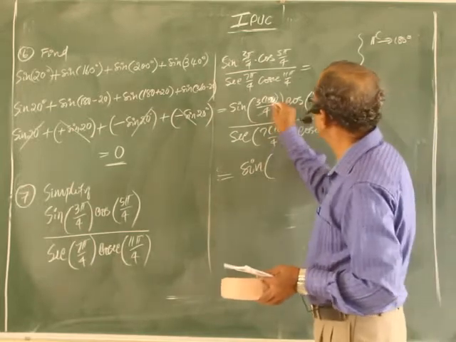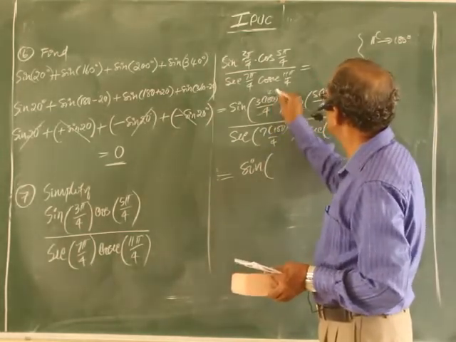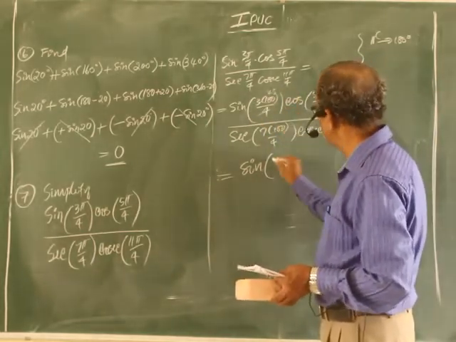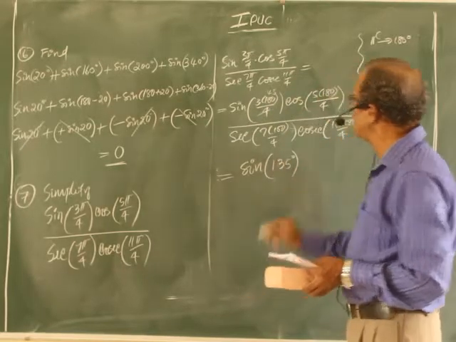4 ones are 4, 5 into 135. See, the angle is in degree now.